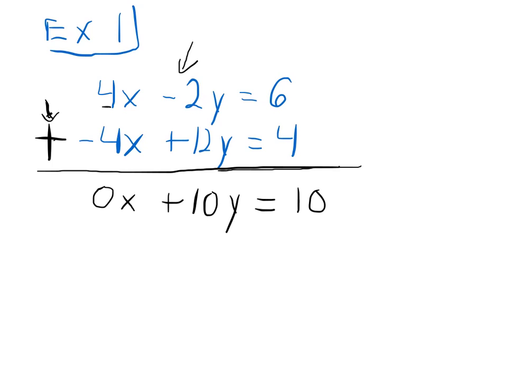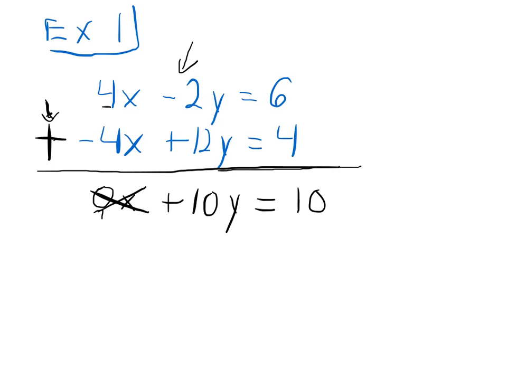Now if we look at this, think about elimination. It's called that for a reason. What did we actually do with these x terms? Well, when we added them, 0, so this 0 times whatever x is, any number, we don't know, but 0 times any number is 0, which means that it's eliminated.